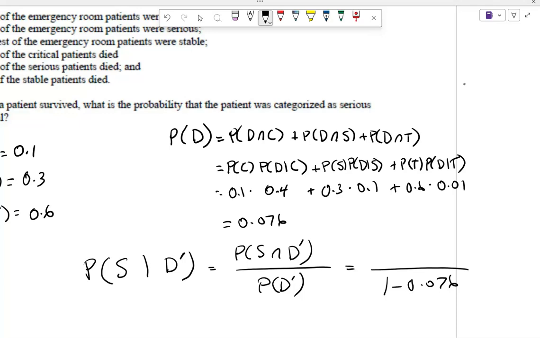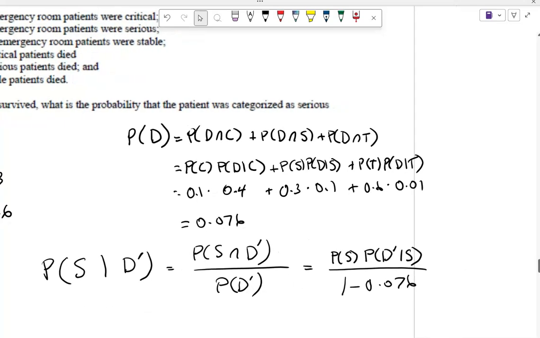What's the numerator going to be? Well, this is going to be conditional again. This is going to be the probability that you're serious and the probability that you didn't die, given that you were serious. Notice, all we've done is flip around the given information on the numerator.